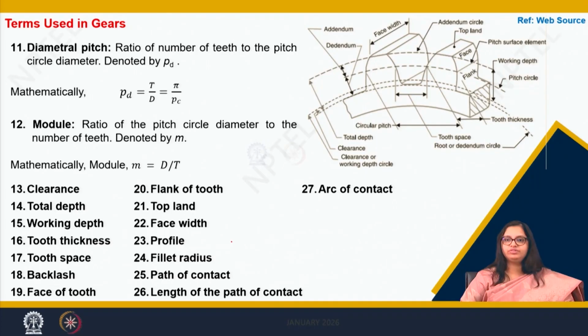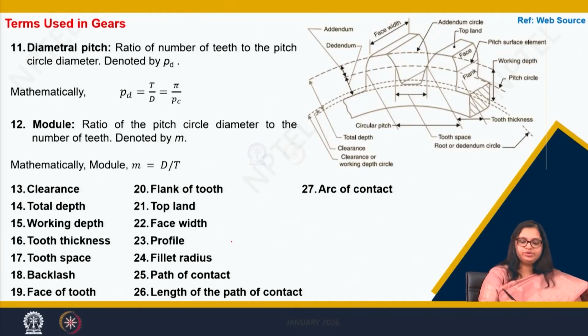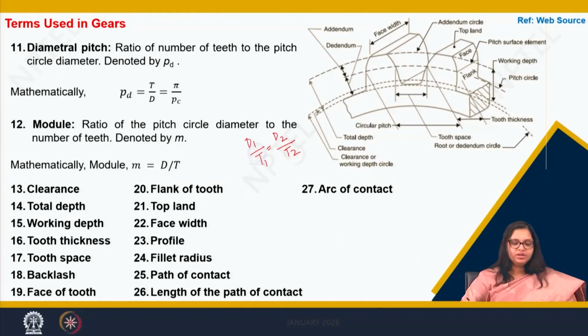So, the ratio of the pitch circle diameter to the number of teeth denotes the module, and the module of one gear should be equal to the module of the other gear, that is d1 by t1 is equal to d2 by t2.